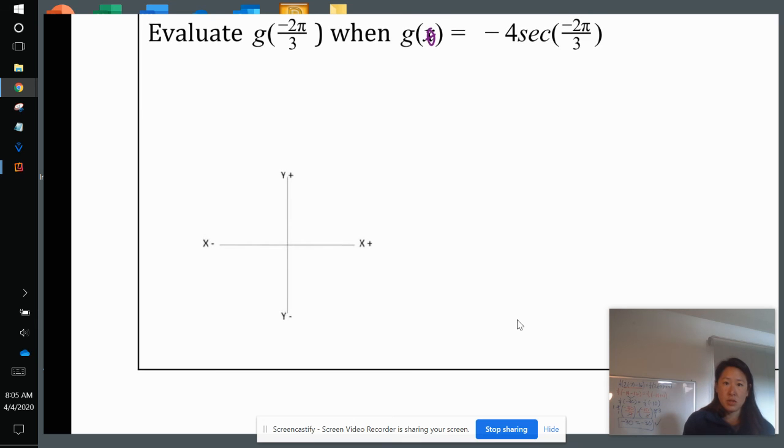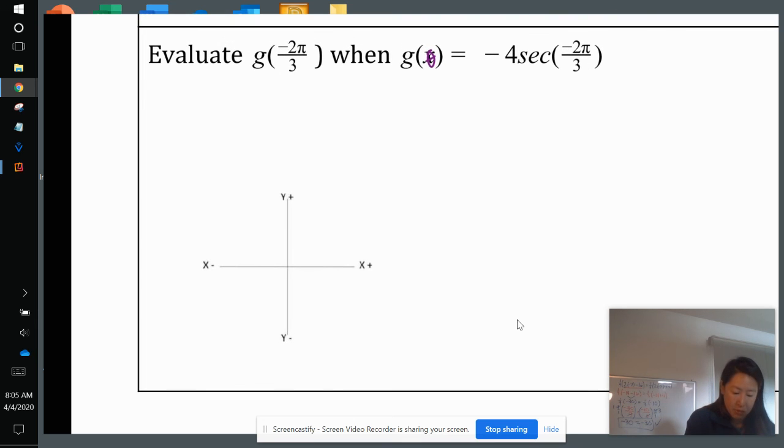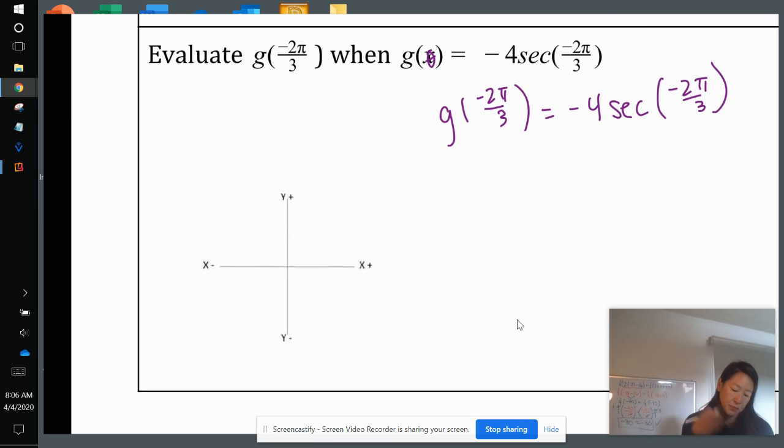So we're going to do g of theta. g of negative 2 pi over 3 is equal to negative 4 times the secant of negative 2 pi over 3. So I need to figure out what the secant of negative 2 pi over 3 is. I'm going to draw in my angle.